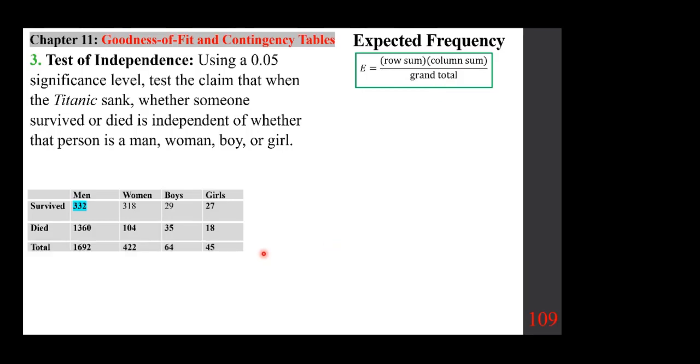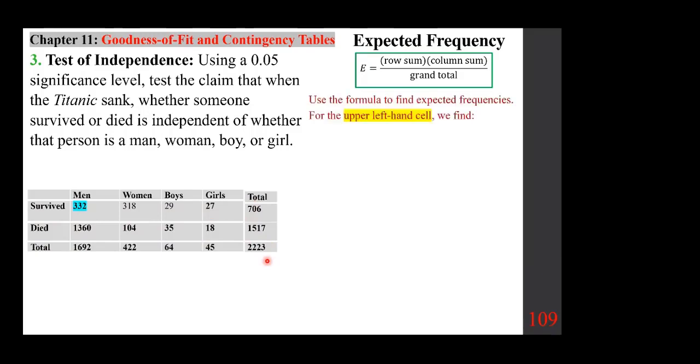We need to calculate the sum in each column. We also need to calculate the sum in each row. And this is the grand total. So total men, women, boys, girls, total number of survivors, total number who didn't. And so this number is the grand total.